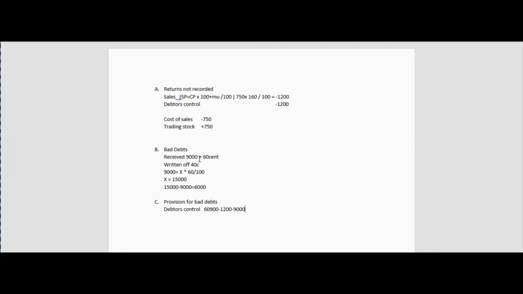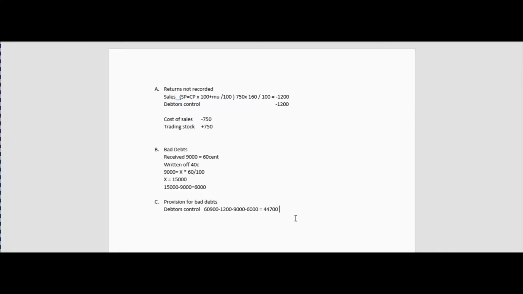If he paid, he will owe me less. And I must also deduct the amount that I've got to write off still, the 6,000, or I could simply say minus 15,000. So if I do that calculation, it should give me 44,700. So the new debtors figure is 44,700.